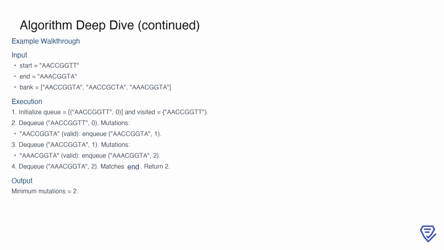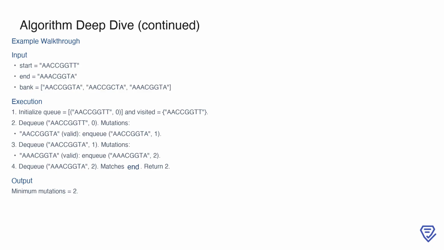Let's walk through an example to see the algorithm in action. Suppose the start sequence is AACCGGTT, the target sequence is AACGGTA, and the bank contains AACCGGTA, AACGCTA, and AACGGTA. We initialize the queue with the start sequence and a mutation count of 0, and the visited set contains only the start sequence. First, we dequeue AACCGGTT with 0 mutations. Among its possible mutations, AACCGGTA is valid, so we enqueue it with a mutation count of 1.